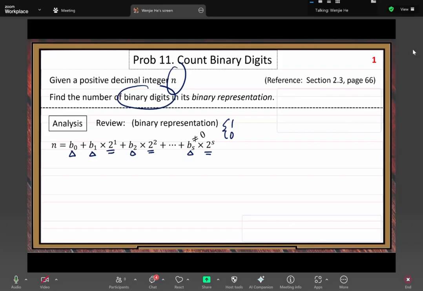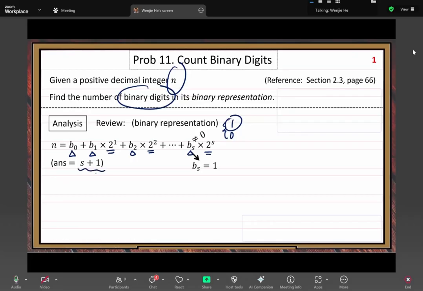If it's a 0, we go to the next, b sub s minus 1. So we can assume this b sub s must be 1. Most significant bit. Then we can do the counting here. The number of bits should be s plus 1.